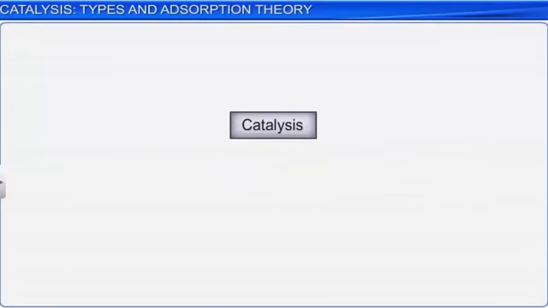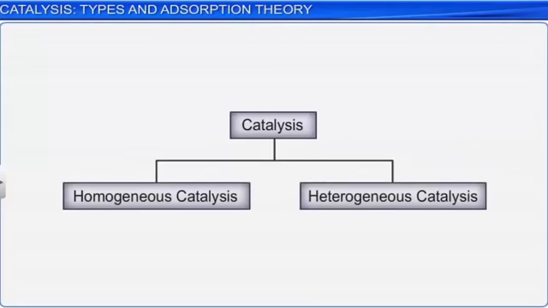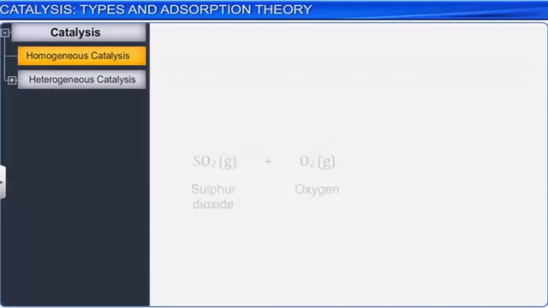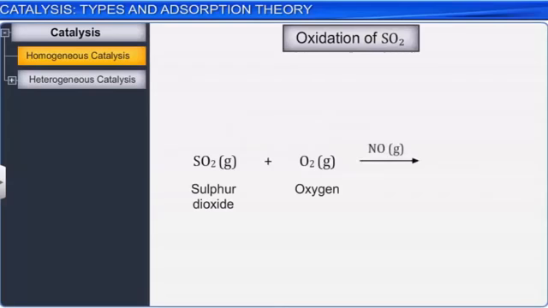Catalysis can be broadly divided into two types: homogeneous catalysis and heterogeneous catalysis. Let us first learn about homogeneous catalysis. Consider the oxidation of sulfur dioxide to sulfur trioxide in the presence of nitric oxide as the catalyst.